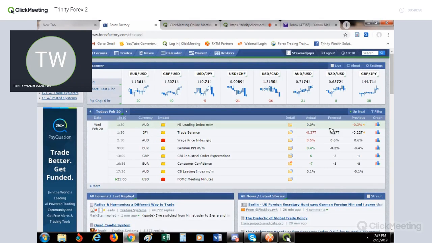Let's say the previous was 2.2, forecast is 2.7, and then the actual becomes 2.9. The pound just shoots and shoots, because now they're almost guaranteed that in the next meeting, they're going to raise the interest rates. So the moment the forecast column is filled, the investors start planning and trading as per the forecast report. All right.